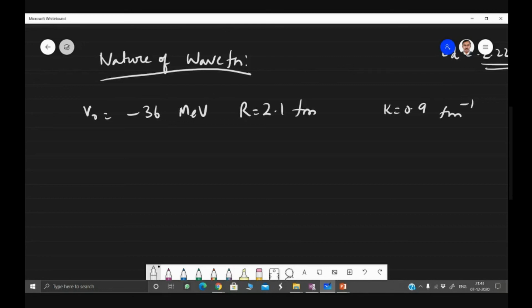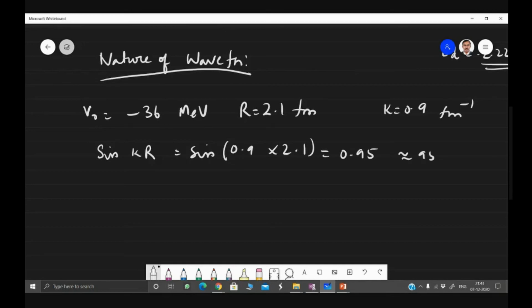So if I write sin KR, this will be simply sin of 0.9 into 2.1, and if we estimate, this would come around 0.95.